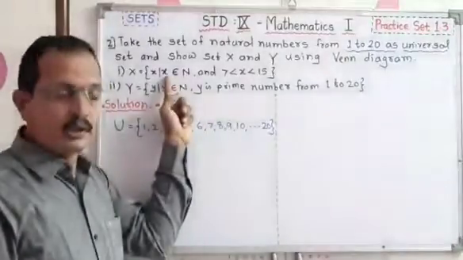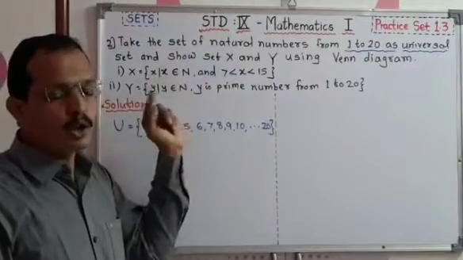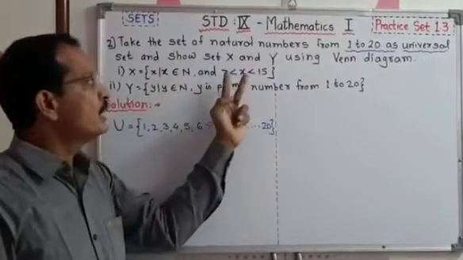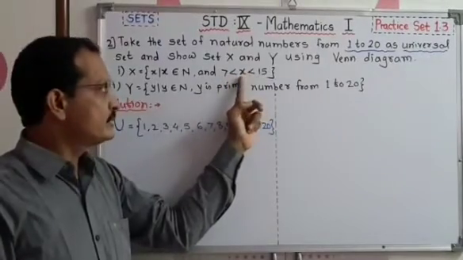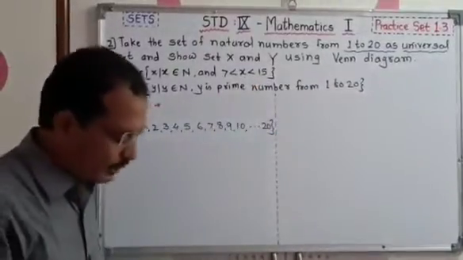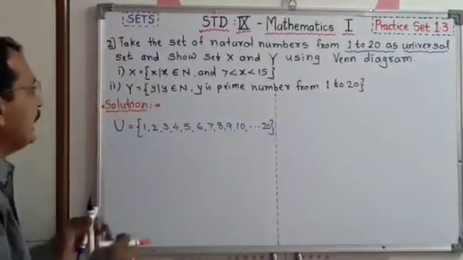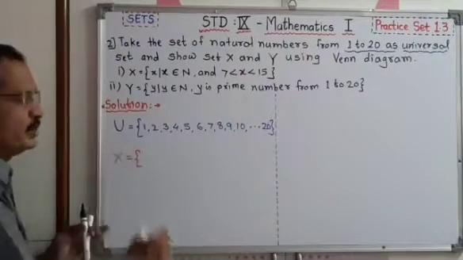That means elements of set X are natural numbers, but not all natural numbers. The numbers lie between 7 and 15. That means x is greater than 7 and less than 15. Therefore, this set X we have to write by list method.